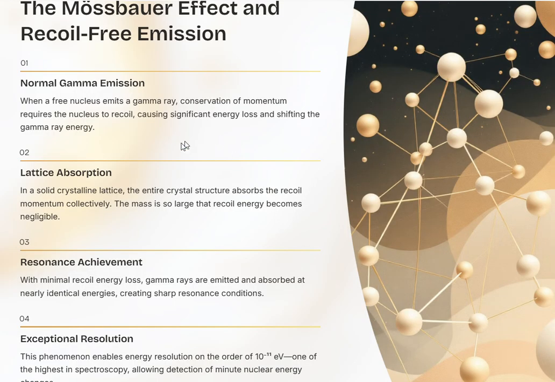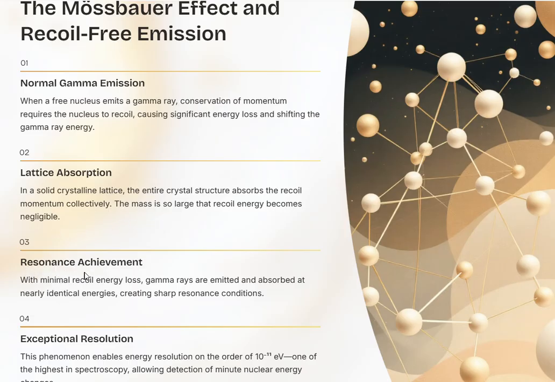Then, Mossbauer emission and recoil free emission. So we know normal gamma emission: when a free nucleus emits a gamma ray, conservation of momentum requires the nucleus to recoil, causing significant energy loss and shifting the gamma radiation. Also, lattice absorption. In a solid crystalline lattice, the entire crystalline structure absorbs the recoil momentum collectively. The mass is so large that recoil energy becomes negligible.